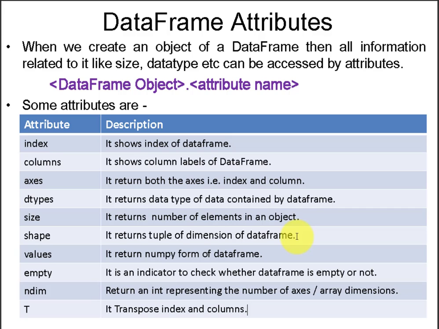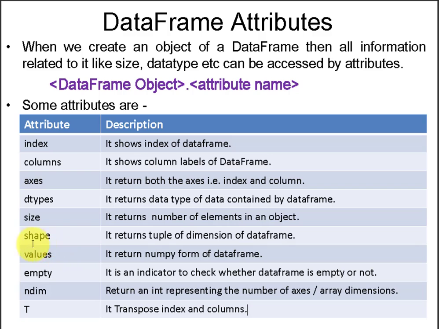So it returns the dimensions, meaning how many rows and how many columns are in your data frame. Clear? Just like 2 cross 2. 2 cross 2 means 2 rows, 2 columns. If I say 2, comma 3, it means 2 rows and 3 columns in your data frame. So you can check this shape with the help of the shape attribute.